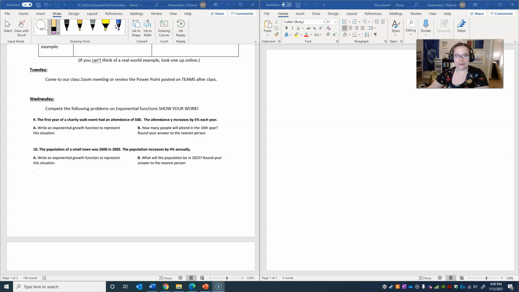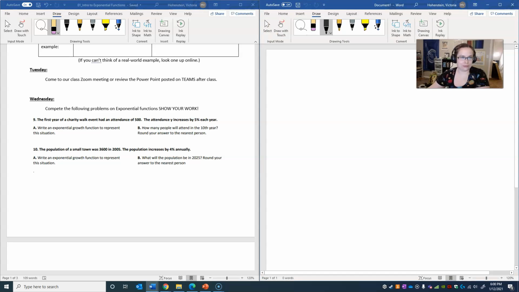So the equation for exponential functions is f of x equals a b to the x power. F of x is our answer, the function of x.